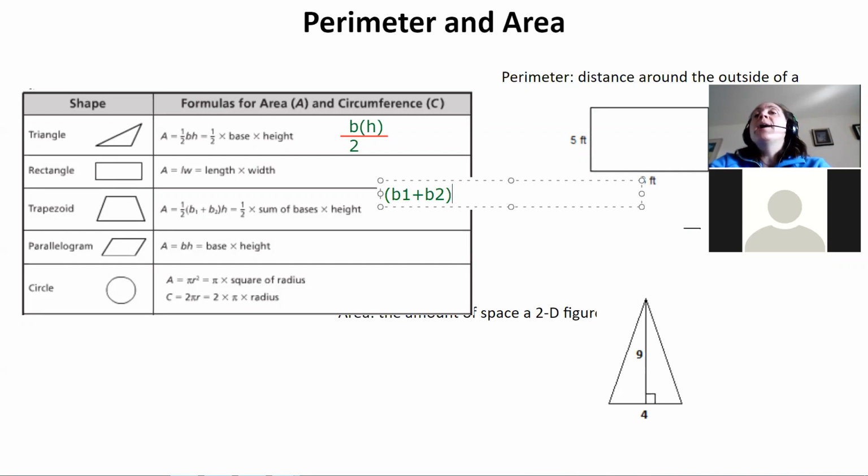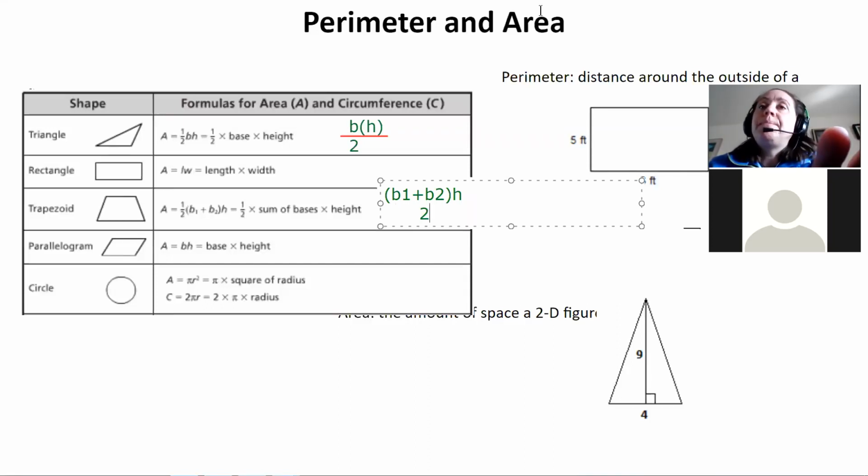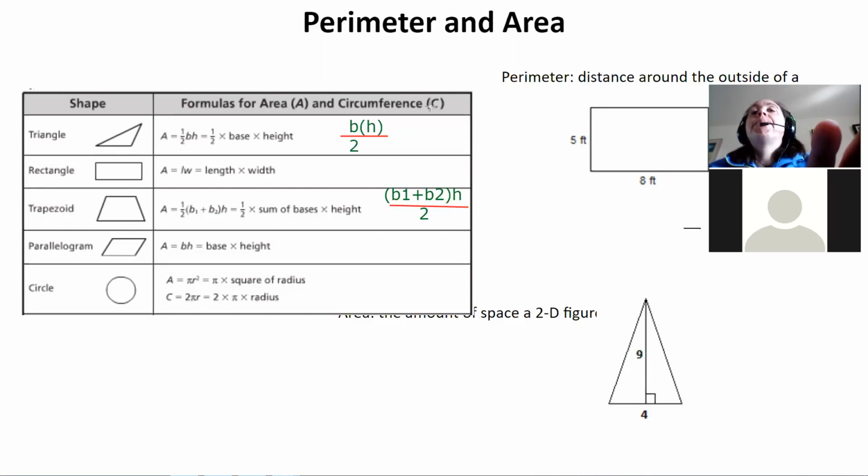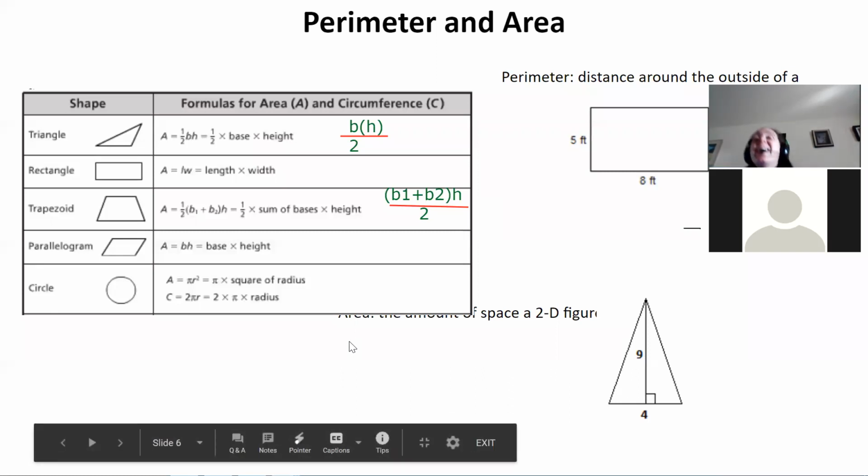You're multiplying by height, and then you're dividing everything by 2. That's it. And then a parallelogram is base times height. A circle is pi.